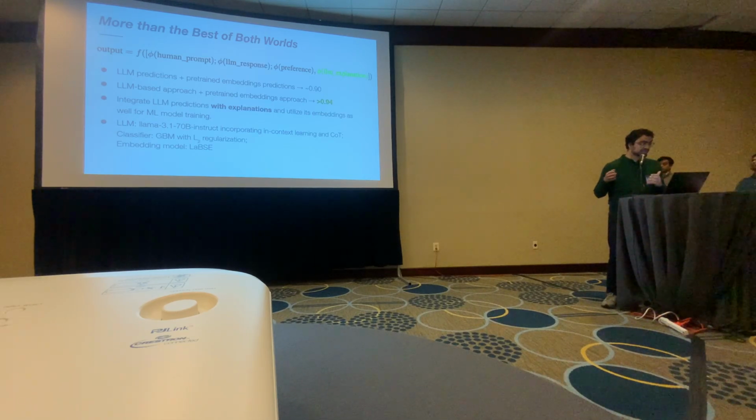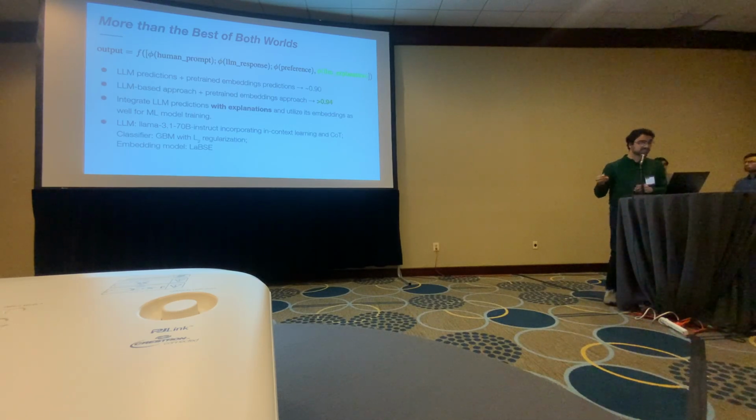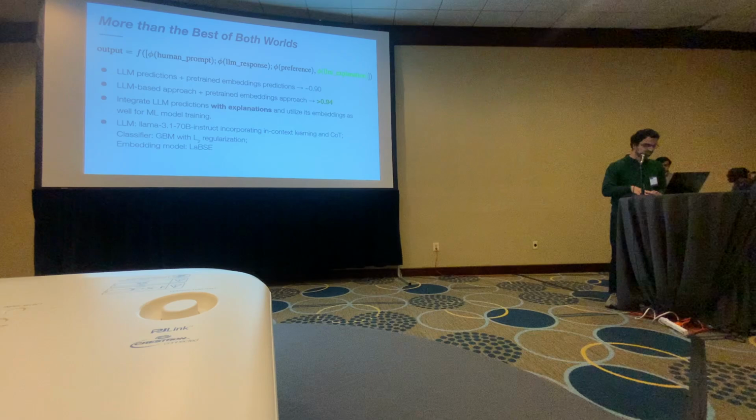So we get the best of both worlds. In fact, we get better than the best of both worlds. The LLM prediction approach plus the pre-trained embedding approach gives us something like 90% accuracy by just combining the predictions. But actually using the LLM response and the explanation, getting their embeddings, and using that with the machine learning model leads to even better performance.